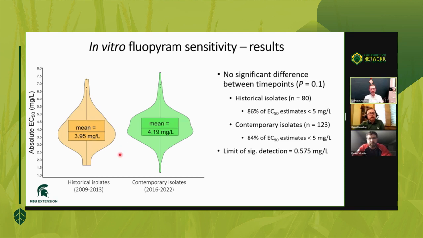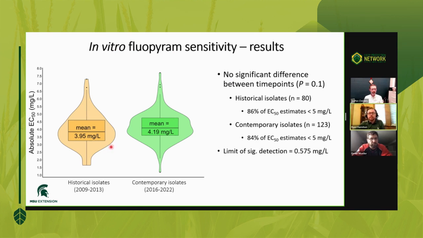Yeah. And what did you find from that analysis that you've done so far? In a nutshell, we found that there was no statistically significant differences between those two groups of isolates to fluopyram, which is the active ingredient in one of the seed treatments that are being deployed out there in the field.